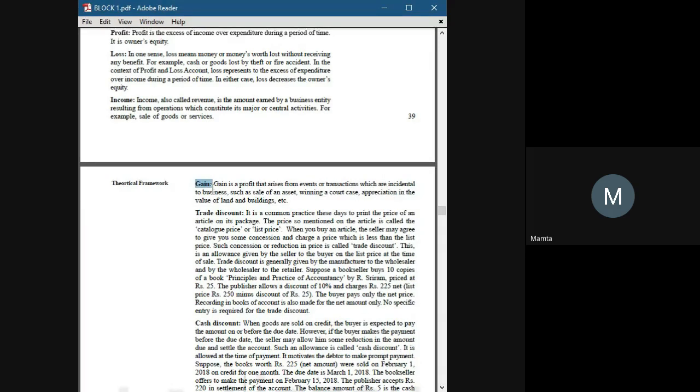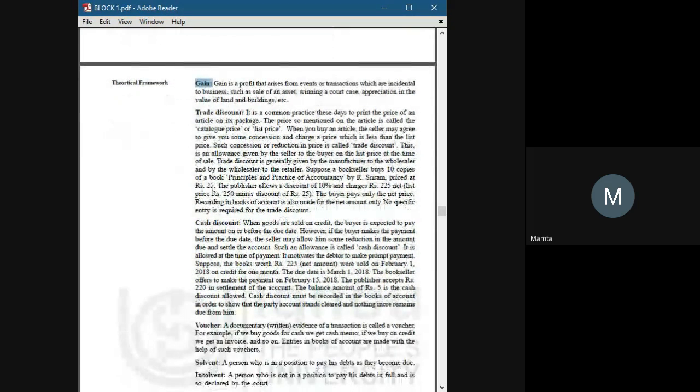Suppose you have a building for your business of 30 lakh rupees. Now its value increased to 60 lakh rupees. So the difference of 30 lakh rupees is your gain, not a profit.